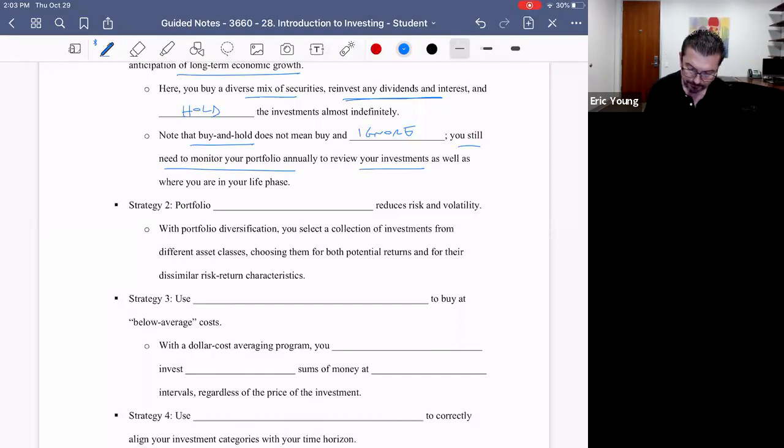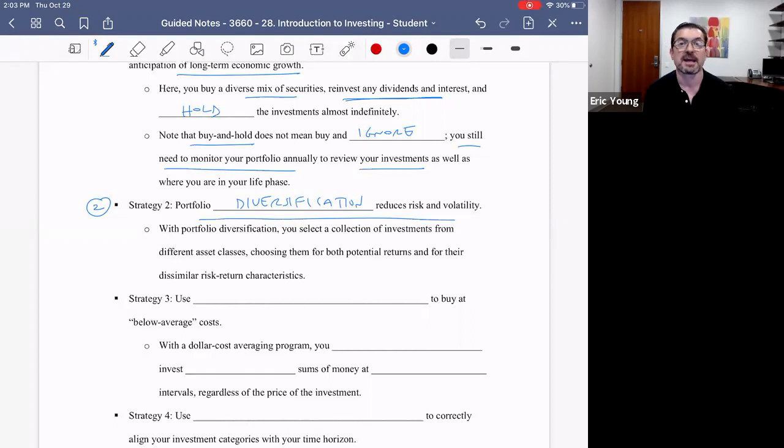Strategy number 2, utilize portfolio diversification. Let's spell that right. Portfolio diversification to reduce risk and volatility. Okay.